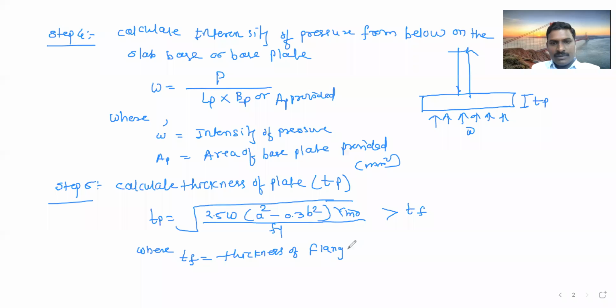Sir, in step 4, what do we have to calculate? What is the next word written? Intensity of pressure. Okay, sir, I will write this properly. Intensity of pressure means, due to this column load P, the plate has a length and width. So for this column load, how much intensity of pressure will the plate give to the column to resist this P load, if the plate area is this?